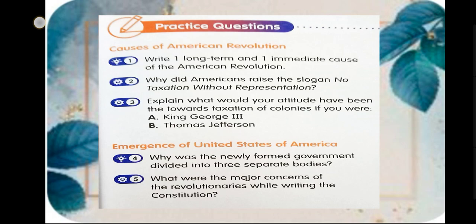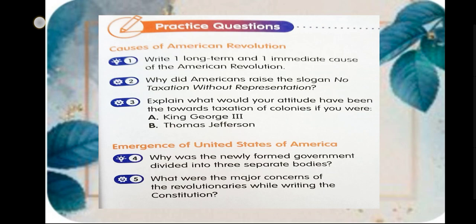And this attitude of British was in opposition to the expectations of the colonists who wanted the same rights and duties as other British subjects. And in immediate cause, a series of unfair and oppressive acts called the Intolerable Acts were passed by the British Parliament.